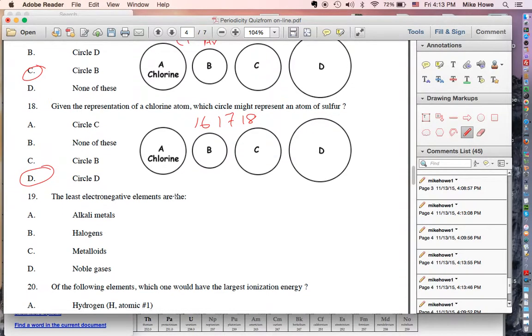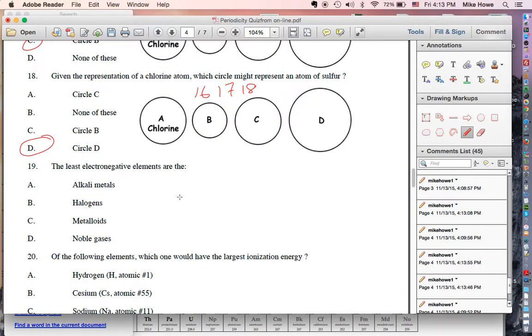The least electronegative elements. Now remember, electronegativity is the attraction for electrons in a bond. Okay, so we have two possible answers here that would work. Alkali metals, noble gases.